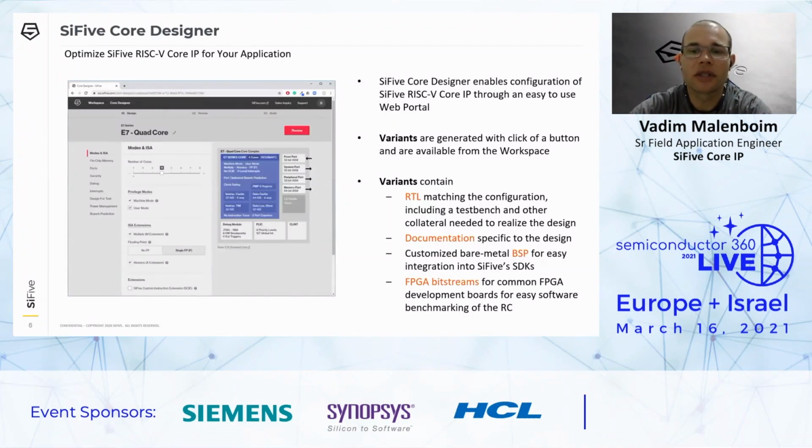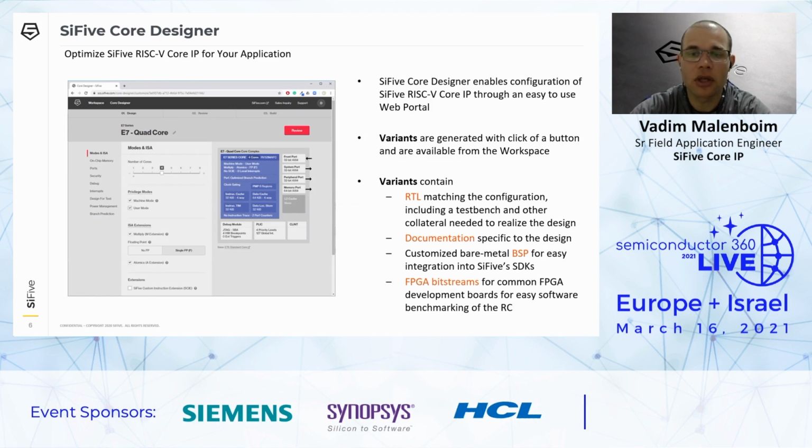The cores I've described in the previous slide are pre-configured with a fixed feature set. In case you are interested in taking one of the cores and customizing it to your needs, we provide the SiFive Core Designer tool. It is a web-based tool which gives you the possibility to step through the different possible configurations and decide what is suitable for you.